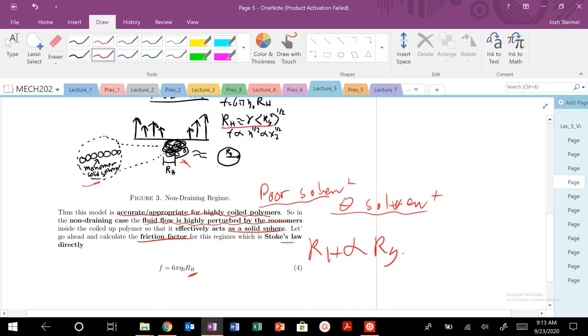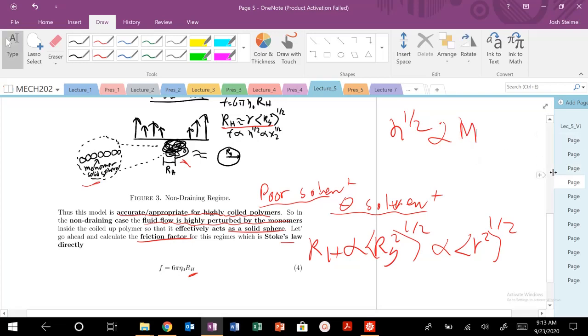If we're assuming theta solvent, an ideal solution, it will change a little depending on the conditions, but even for a poor solvent or theta solvent, you can approximate the radius of gyration as basically r squared to the 1/2, and we know that scales as N to the 1/2. So it also scales with M.